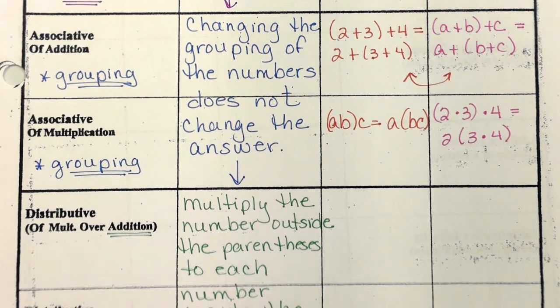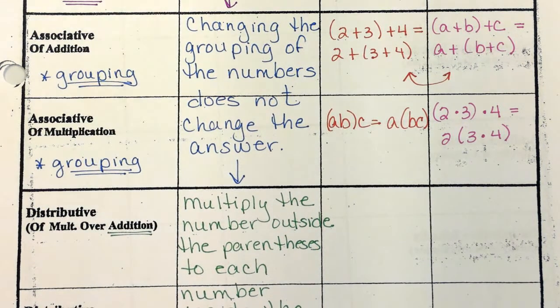Okay. Now normally there's 2 numbers inside the parentheses, but there can be more. Very unusual for there to be less, but that's not to say that that couldn't happen either.